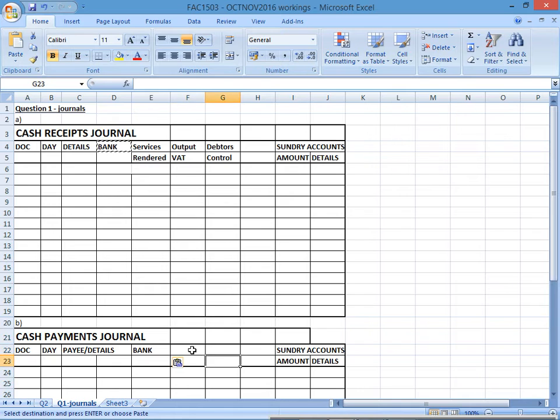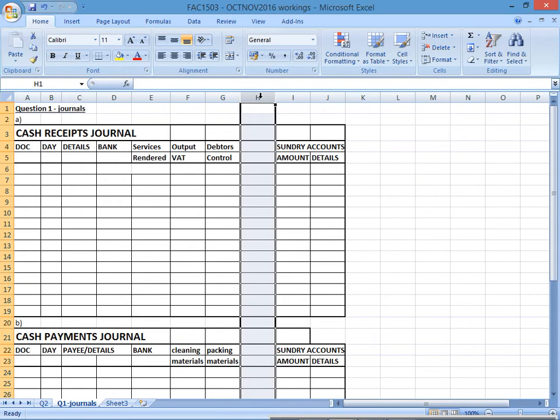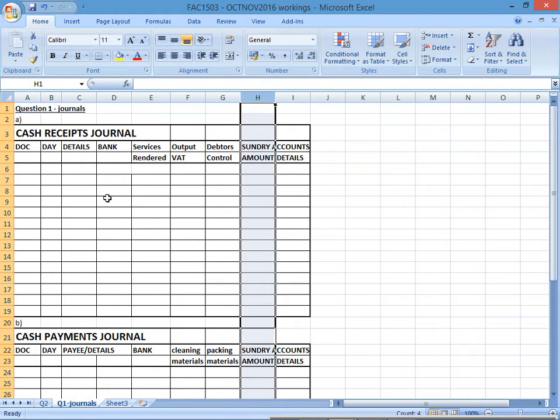I'm going to show it separate. Cleaning materials, because they are different things. Packing material. And then they want sundry. Great. So that's what we've got for the cash receipts and cash payments.